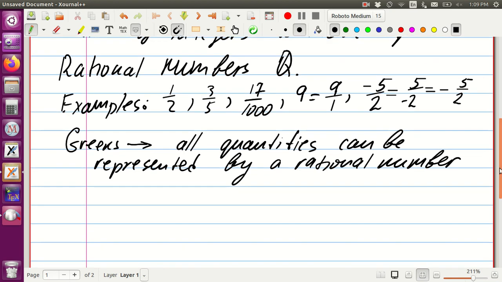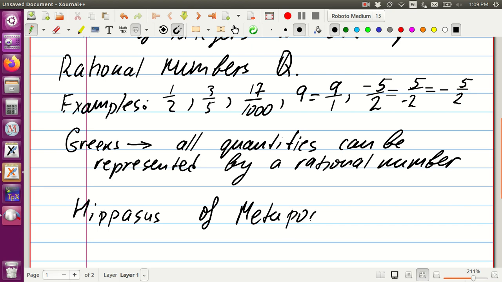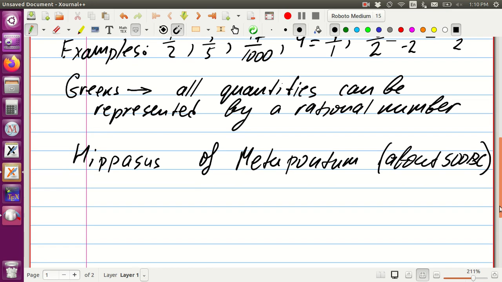But about 500 BC, Hippasus of Metapontum, a famous Greek mathematician, whose name is kind of hard to pronounce, and that is the place where he lived, made a discovery.